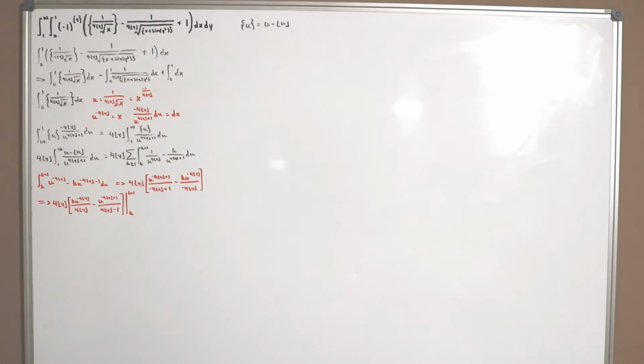Okay, so now let's calculate our bounds. So we have 4 floor y, then this means we get k times k plus 1 to the power negative 4 floor y, then divide that by 4 floor y.